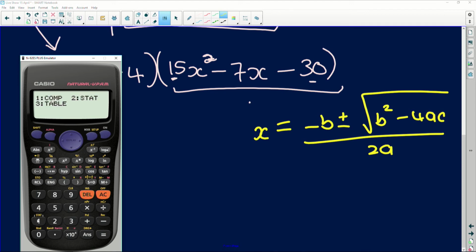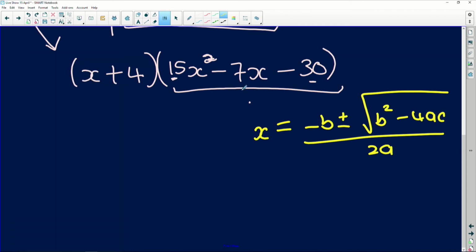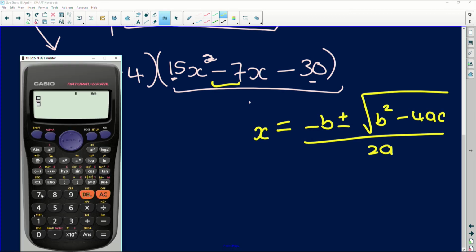There we go. So x equals, b is over here, so negative b is positive 7. So we get 7 plus the square root of b squared, which is 7 squared, minus 4 multiplied by a and c. So we get negative 30 as c, all over 2a, which is 2 times 15.